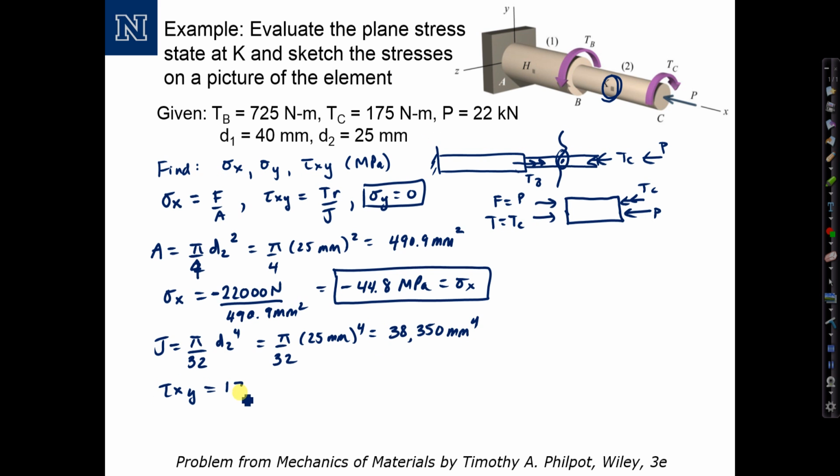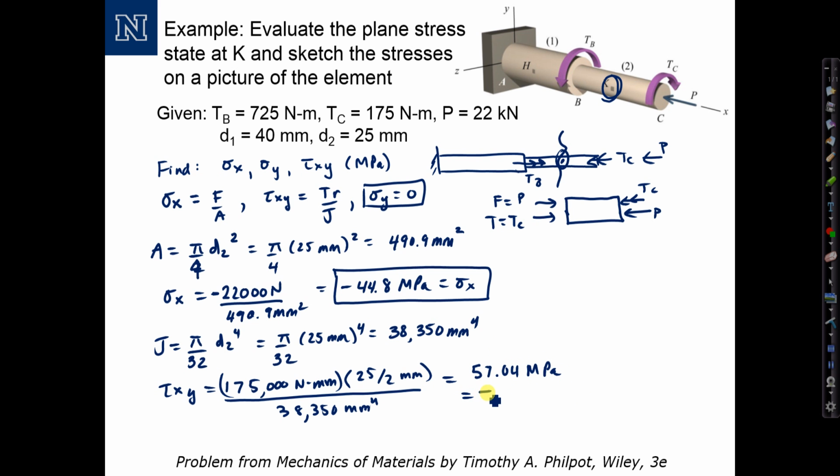I'm going to change that to 175,000 newton millimeters. This is a good review of torque. Times R, the radius of the shaft would be 25 over 2 millimeters, divided by J, equal to 38,350 millimeters to the 4th. This gives a value of 57.04 megapascals, equal to tau xy.